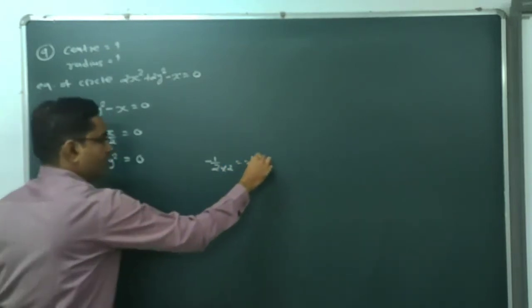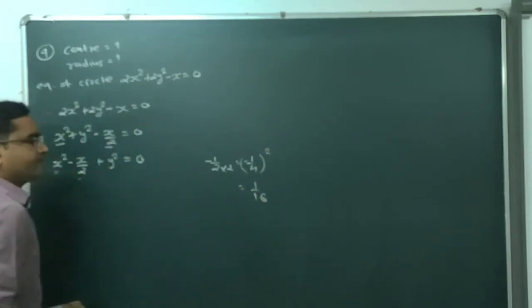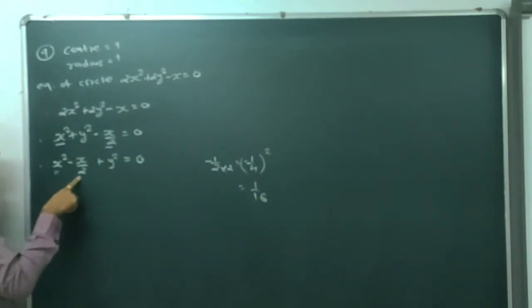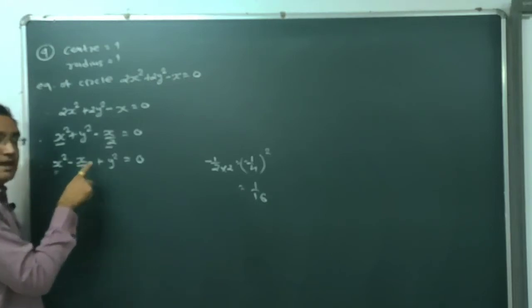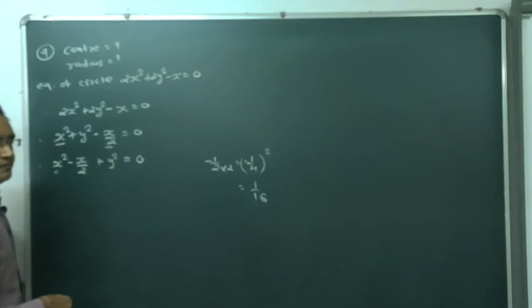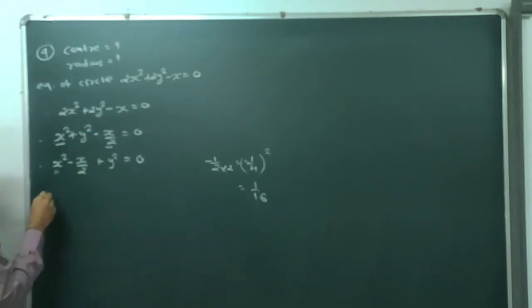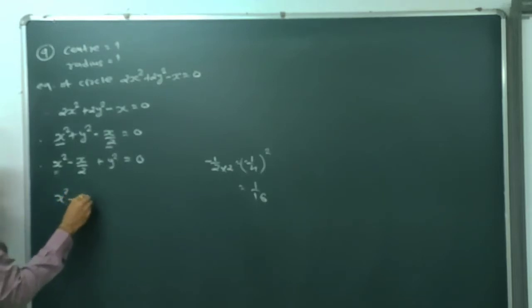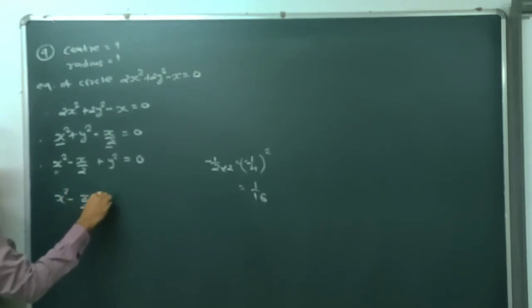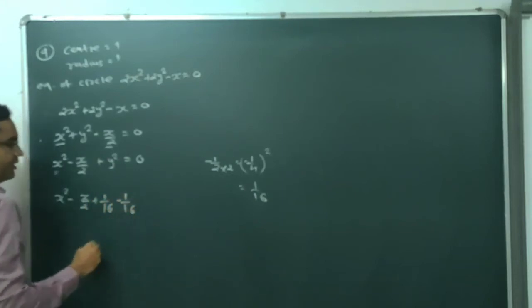And then we take the square, so our answer is 1 by 16. So the third term of this perfect square trinomial is 1 by 16. We have to add that 1 by 16 and again subtract it. So it's x square minus x by 2 plus 1 by 16 minus 1 by 16.